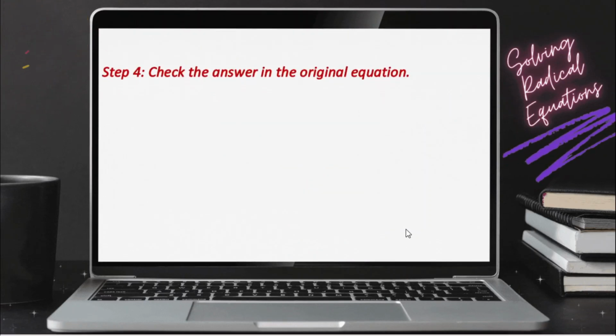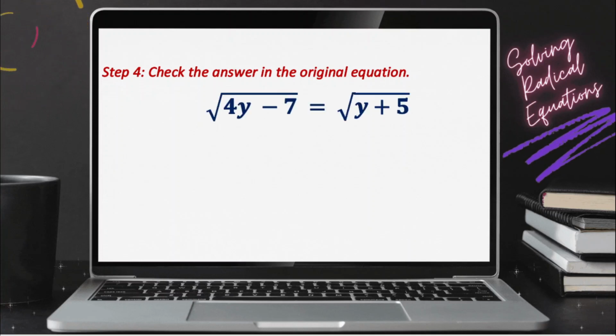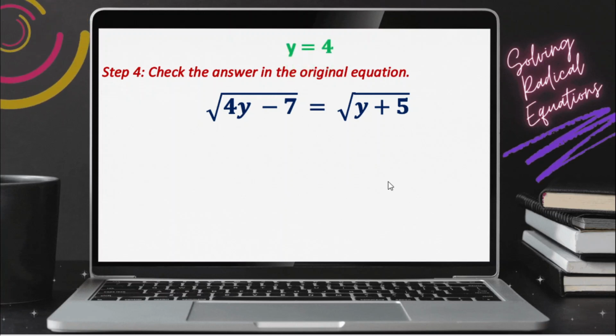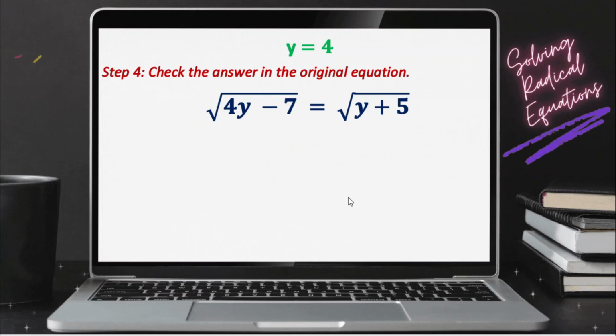Ngayon, number 4, ang original equation natin ay square root of the binomial 4y minus 7 is equal to the square root of the binomial y plus 5. Ang ating obtained solution ay y is equal to 4.